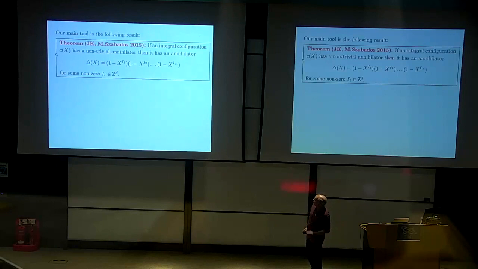Okay, and then it turns out that using some results from multivariate polynomials, namely in particular the Hilbert basis theorem and such, you can infer new annihilating polynomials. Remember, any linear combination of annihilating polynomials is again an annihilating polynomial. If you have one of them, it turns out, and this is our main tool, that you automatically also get an annihilator which has a very specific form.